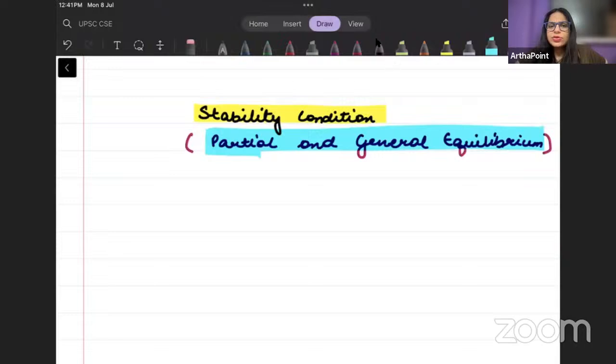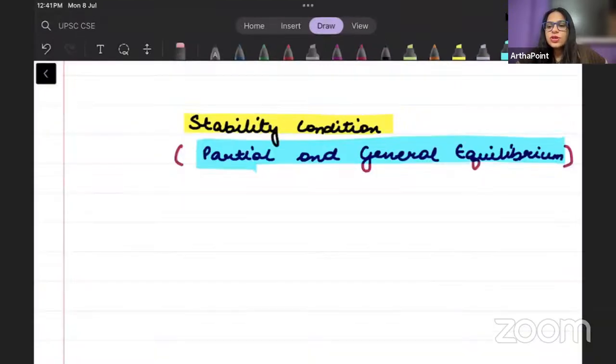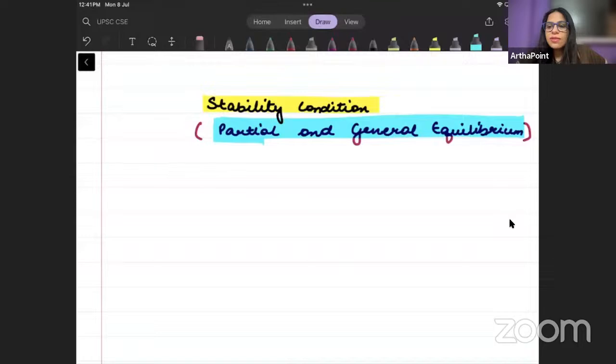One more thing I would like to highlight here is that in between, there is going to be some use of a difference equation, है ना? And you may feel that difference equation is somewhat difficult if you have not done math. So I am not going to take difference equation in leaps and bounds here.